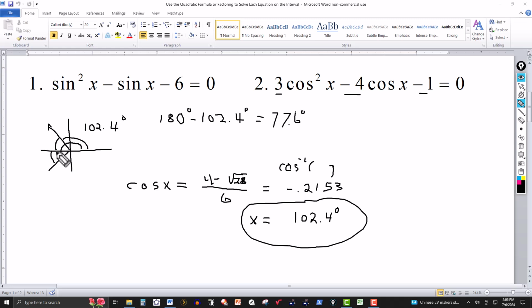So simply that's 180 plus 77.6. If I add 180 and the reference angle, it gives me this angle right here, which is 257.6 degrees. And those are the actual two solutions that fall in the interval from 0 degrees to 360 degrees: 102.4 degrees and 257.6 degrees.